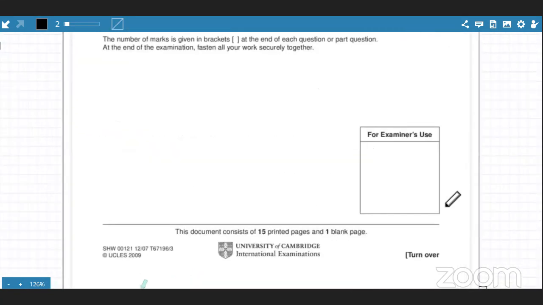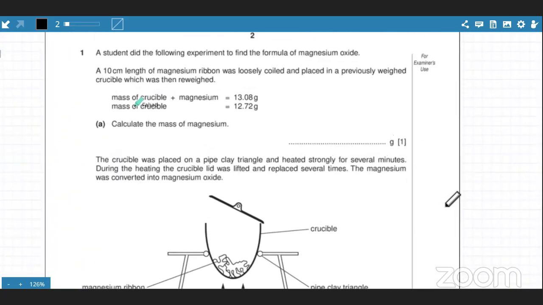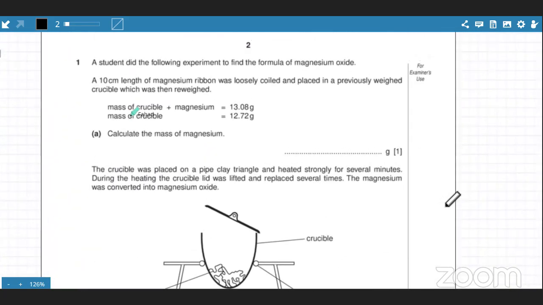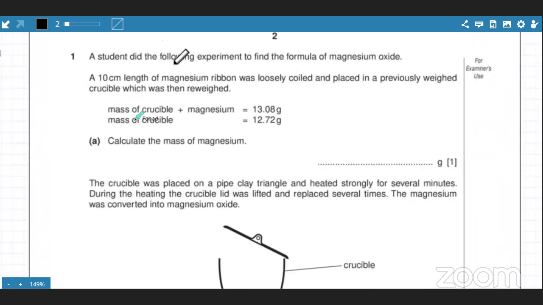Now we're going to start this paper with the first part, which says that a student did the following experiment to find the formula of magnesium oxide. The main goal of the whole question is to figure out the formula of magnesium oxide, which we pretty much already know.